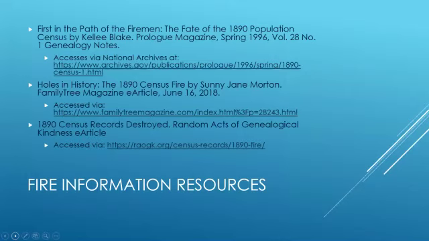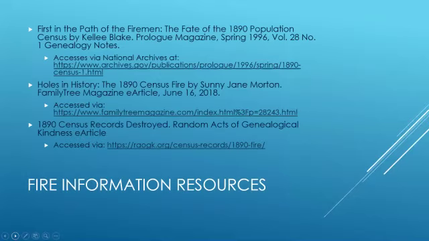For more information on the fire, if you have a conspiracy theory kind of mind, or if you're just interested in fun American census facts, I recommend the article First in the Path of the Fireman, which you can access through the National Archives.